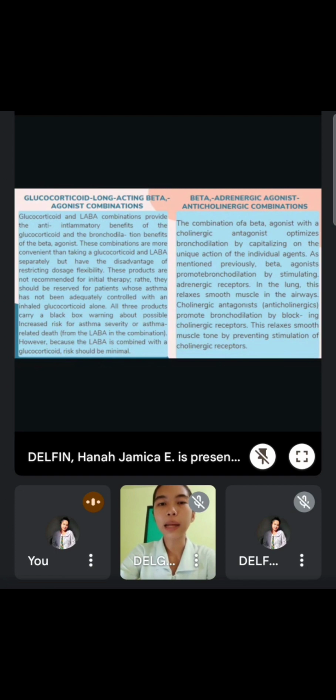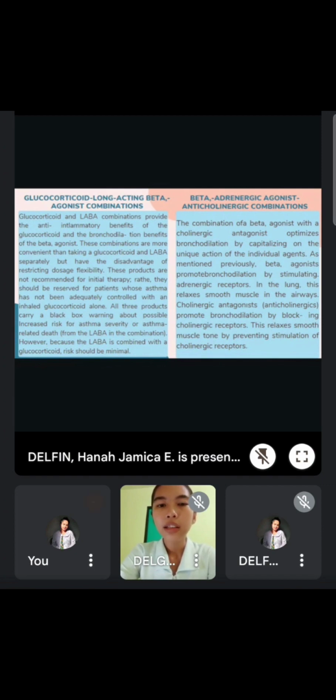Glucocorticoid long-acting beta-agonist. Glucocorticoid and LABA combinations provide the anti-inflammatory benefits of the glucocorticoid and the bronchodilation benefits of the beta-agonist. These combinations are more convenient than taking a glucocorticoid and LABA separately, but have the disadvantage of restricting dosage flexibility. These products are not recommended for initial therapy.